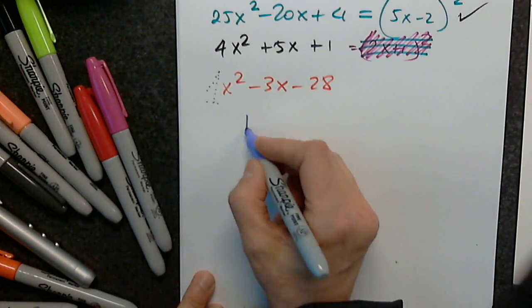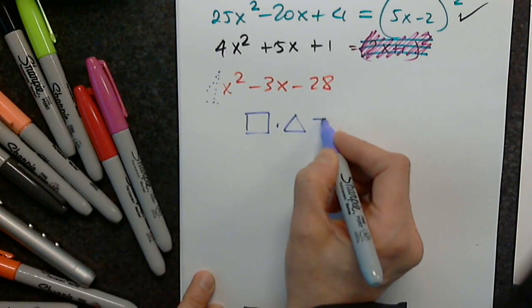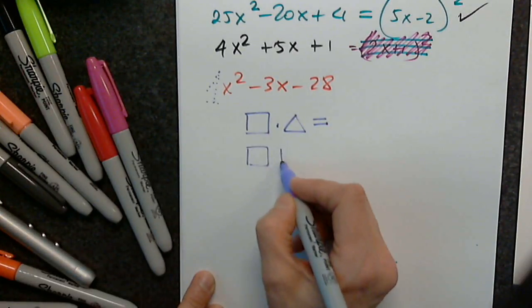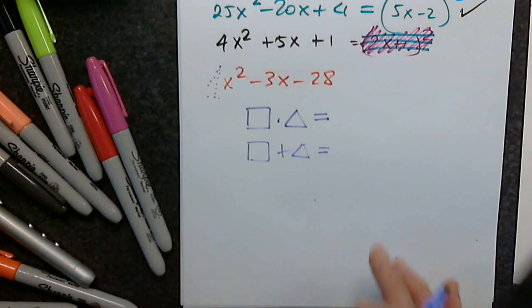So then I'm looking for two numbers whose product is and whose sum is. The product is negative 28, the sum is negative 3. If you do not take the numbers with the sign in front, you will not be able to factor. Exactly. You cannot separate a number from the sign in front of it.